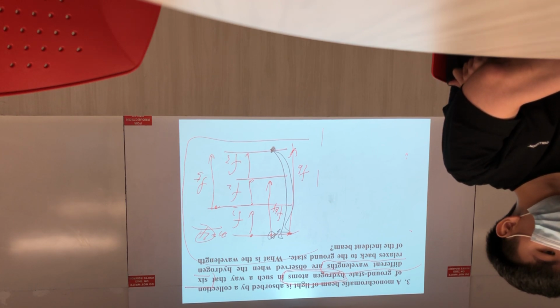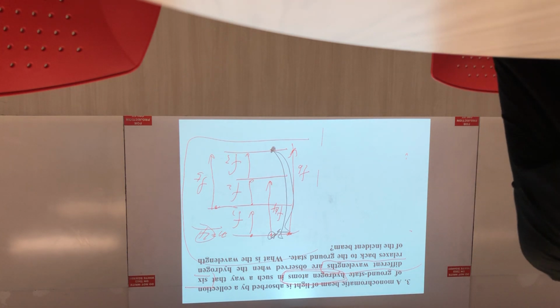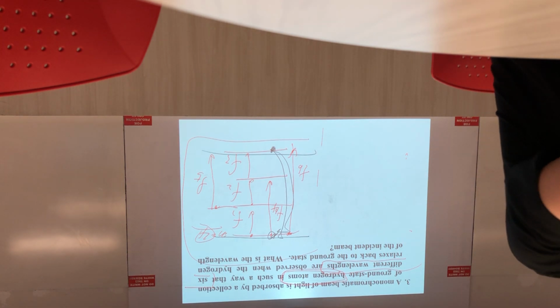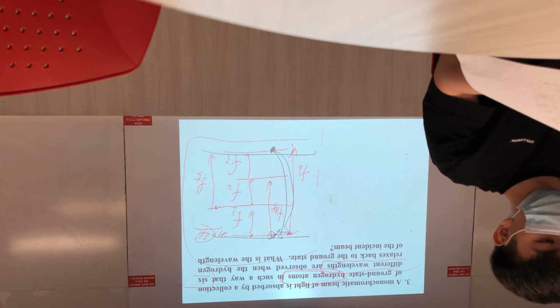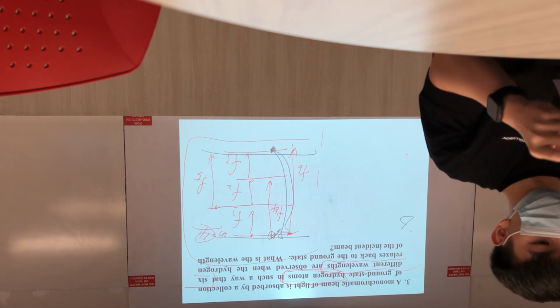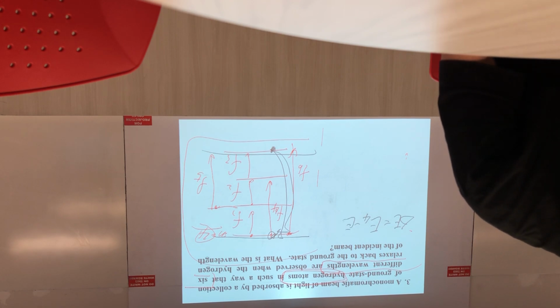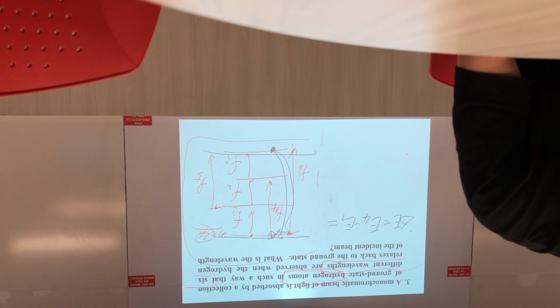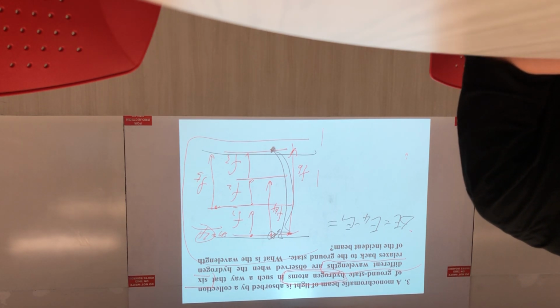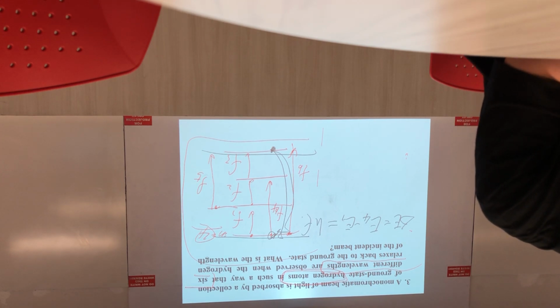This wavelength must be matched to the energy level difference, isn't it? So our energy level difference is going to be E4 minus E1, and this is matched to the photon energy, hf. So now how are we going to define this E4 and E1?